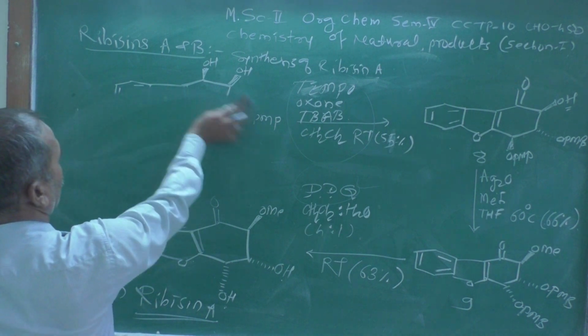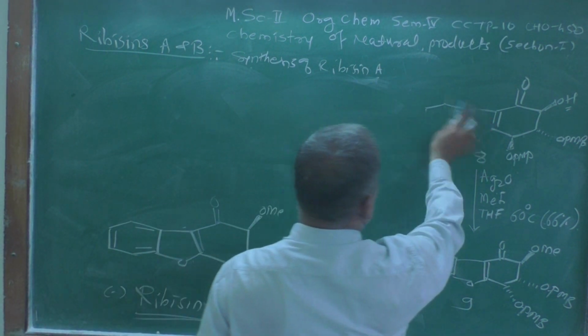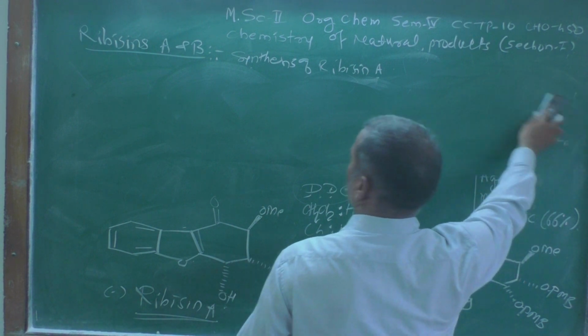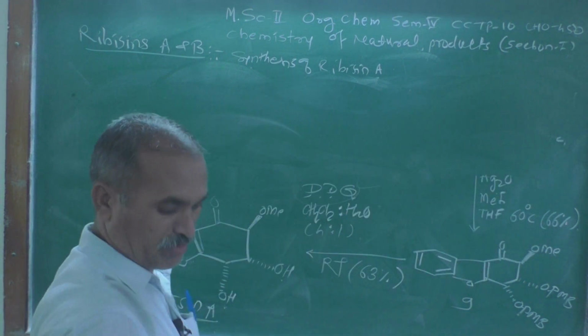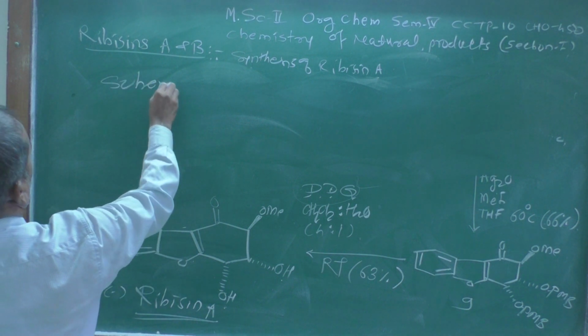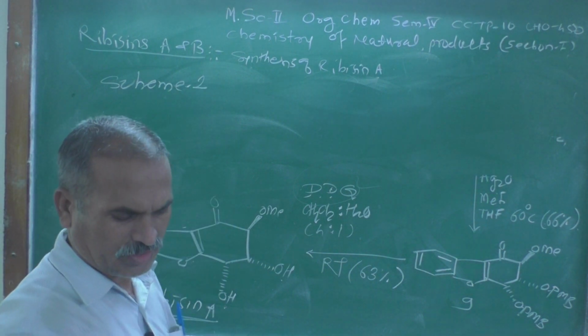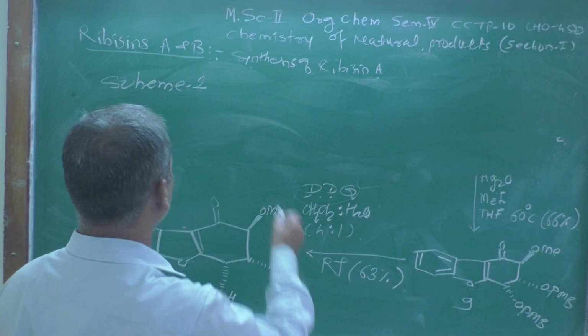This is the scheme which we have described here, scheme number 2, because in scheme number 1 we already saw this, and scheme 2 is the synthesis of minus ribosine.